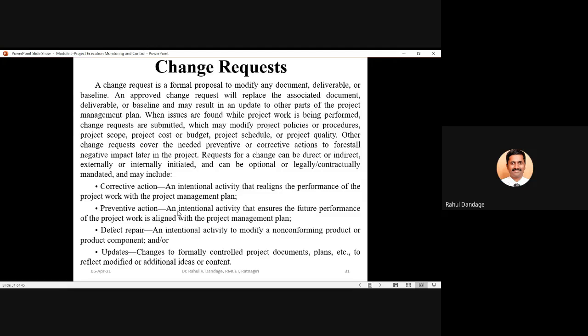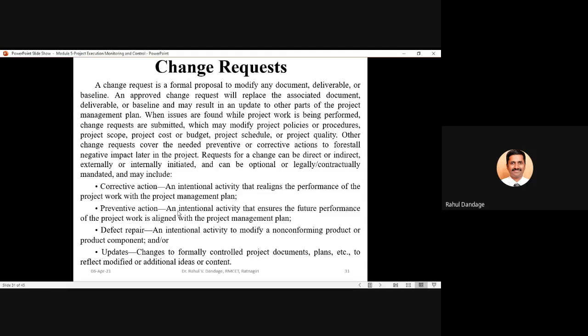When issues are found while project work is being performed, change requests are submitted, which may modify the project policies or procedures, project scope, project cost, project budget, project schedule, project quality, etc. Other change requests cover the needed preventive and corrective actions to forestall negative impacts later in the project.